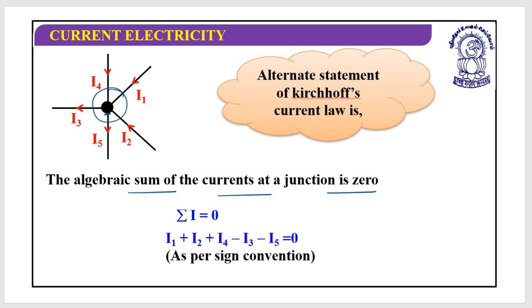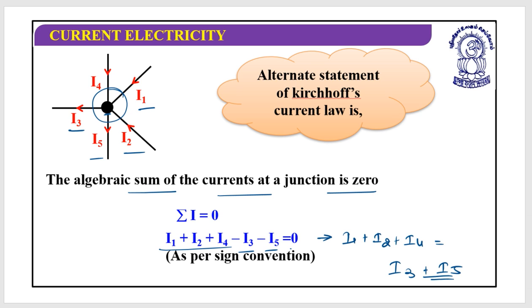Incoming currents I1, I2 and I4 are positive, and I3 and I5 are negative, so I1 plus I2 plus I4 minus I3 minus I5 equals 0. It is the same thing: I1 plus I2 plus I4 equals I3 plus I5. This was the situation in the previous slides.